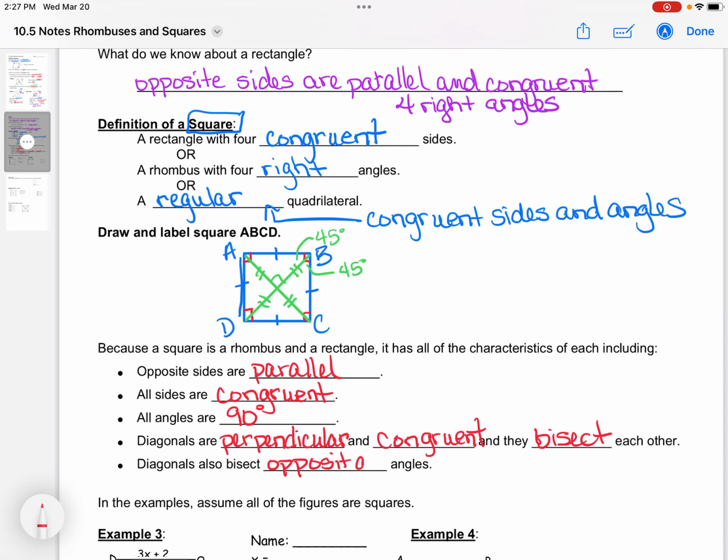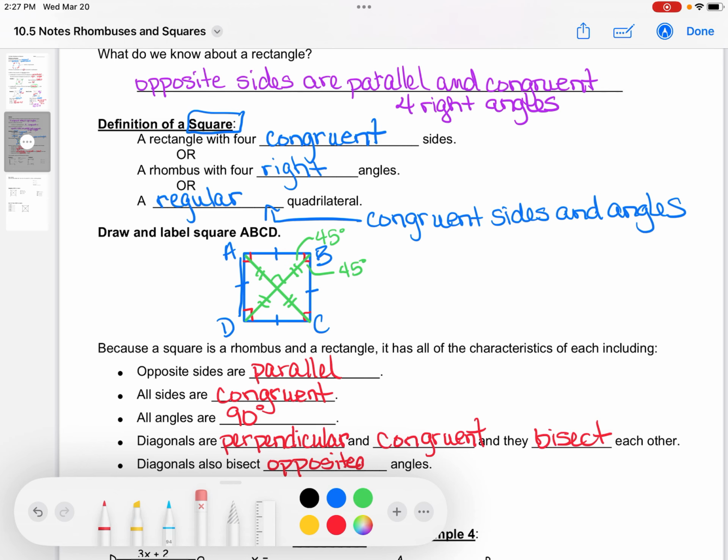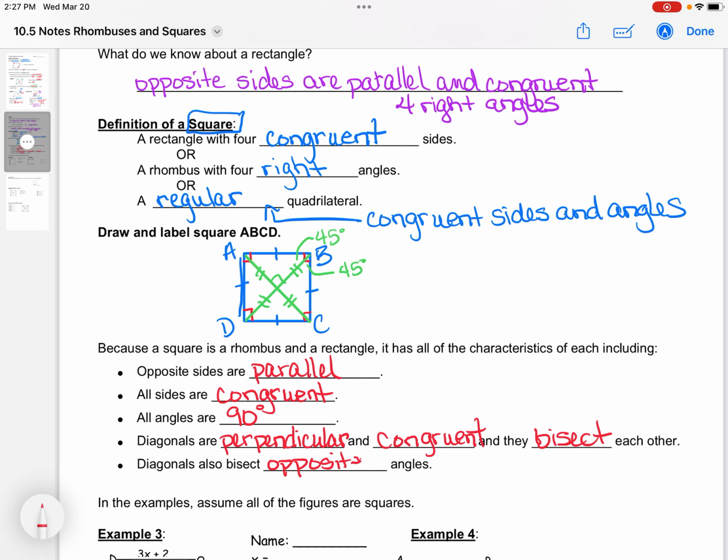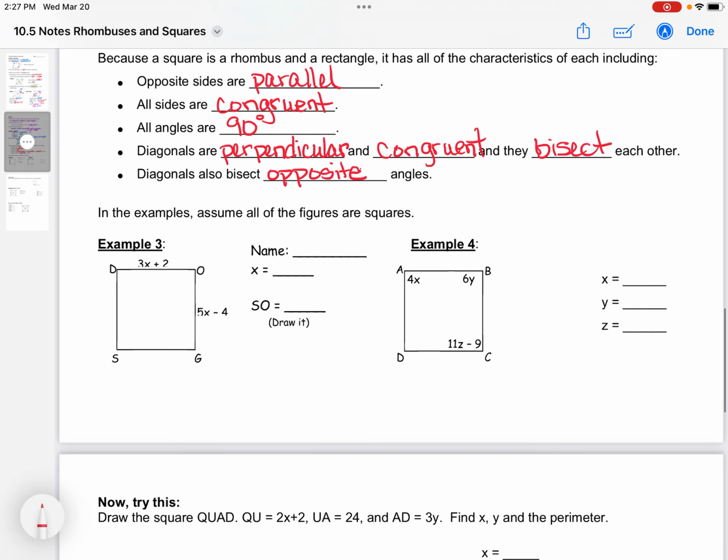And they bisect the opposite angles. I don't need that part. Nope, I need some of that part. Opposite angles. All right. So we're going to assume all these are squares.